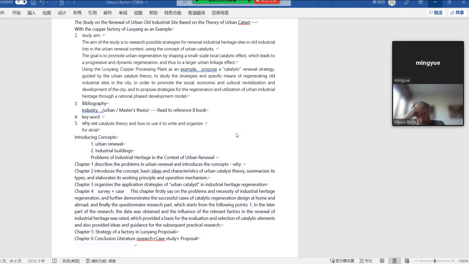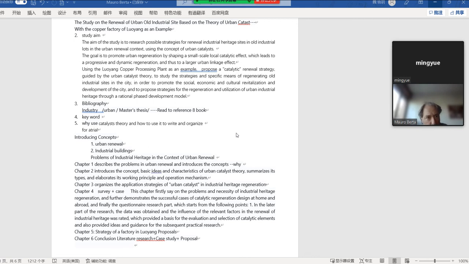So maybe first is to introduce urban renewal and industrial buildings, because there are many problems and a need to change a lot in urban renewal situations. The first chapter describes the problems and concept. And the second chapter is about introducing the concept.